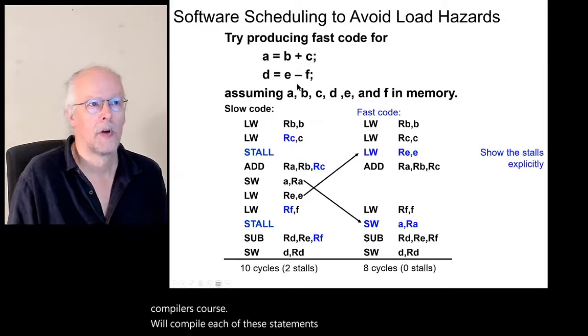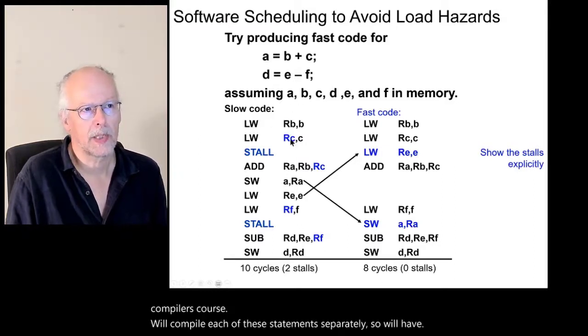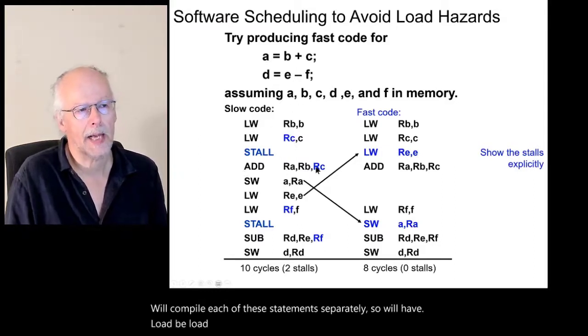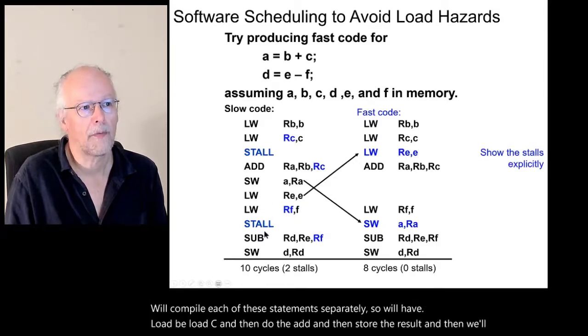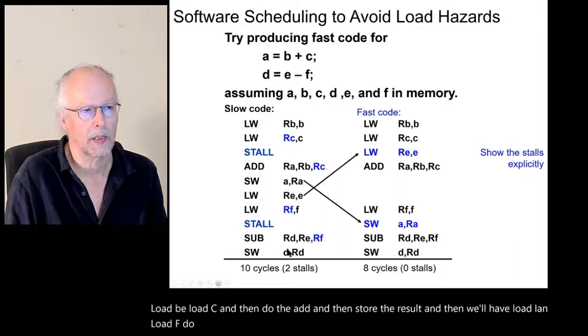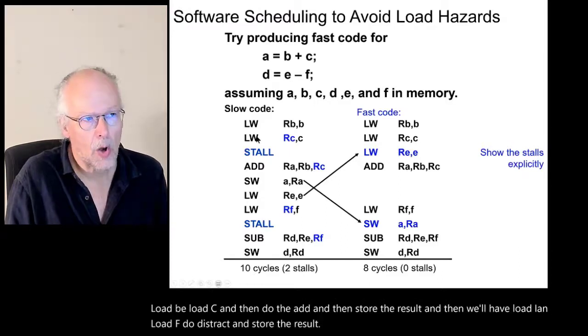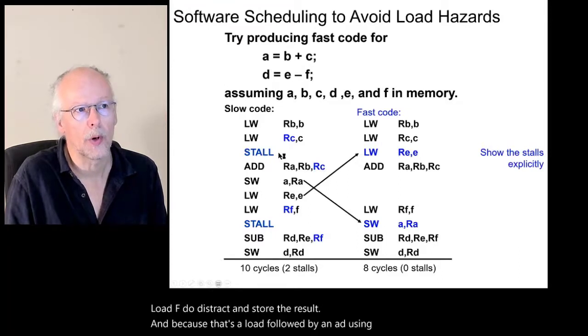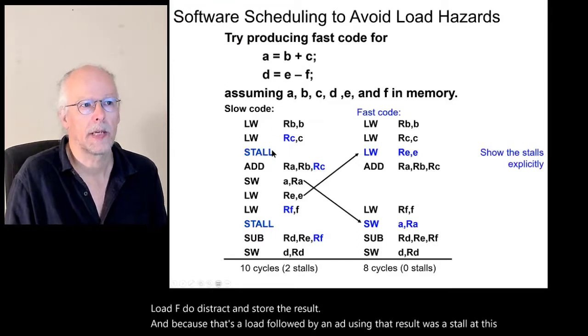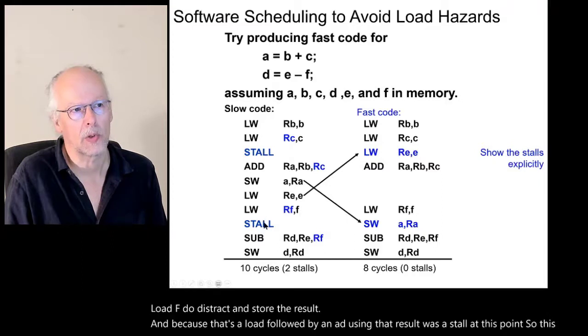So we'll have load B, load C, and then do the add, and then store the result. And then we'll have load E and load F, do the subtract, and store the result. And because that's a load followed by an add using that result, there's a stall at this point. So this sequence leads to two stalls.